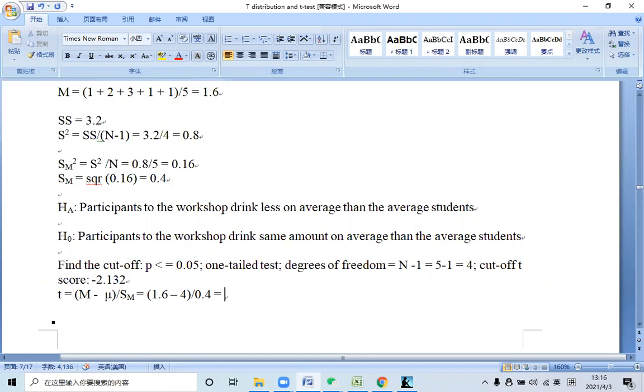And this is the t-score. 1.6 minus 4, divided by 0.4, is negative 6. The t-score is negative 6.